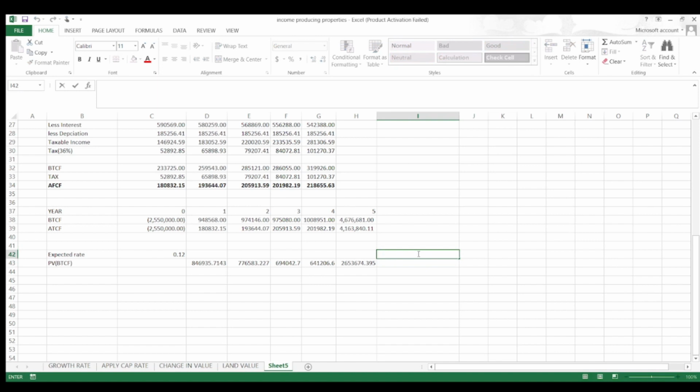So our present value will be equal to the sum of these cash flows.